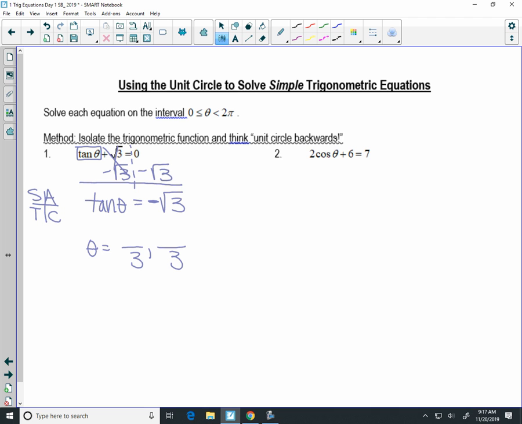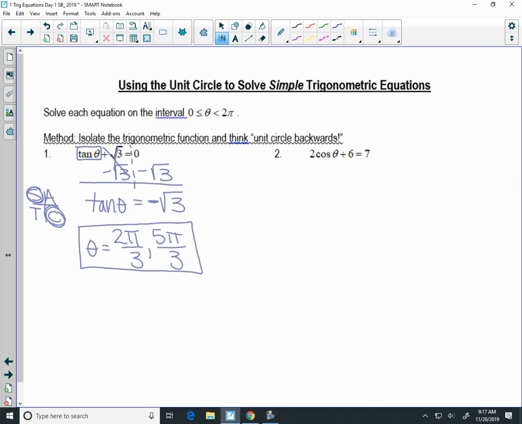Tangent is negative in quadrant 2, and my third in quadrant 2 is 2 pi over 3. And quadrant 4, and my third in quadrant 4 is 5 pi over 3. Theta is a variable that you see with angles very, very often.